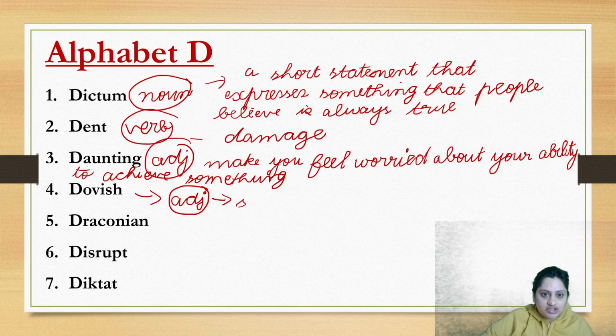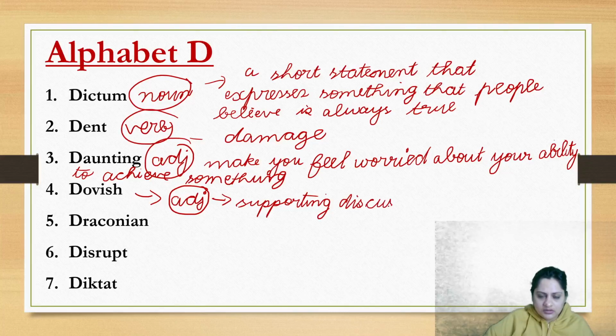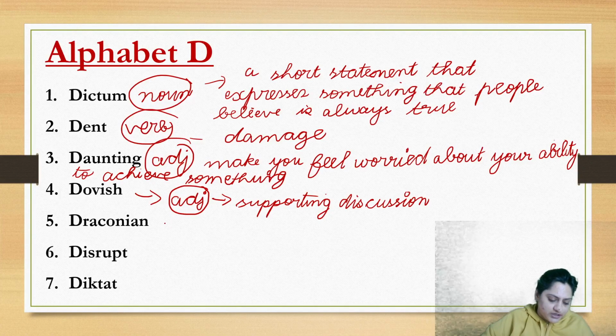Something which supports discussion, or which will promote relationships instead of using violent, forceful policies. So when we talk about monetary policy, it can be accommodating, dovish. Just remember, like the bird dove, peaceful, supporting friendly relations and discussions.